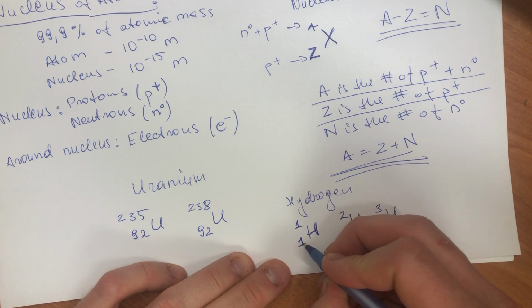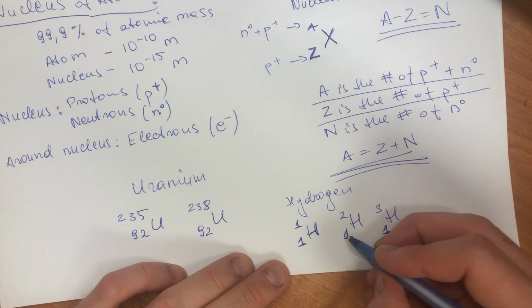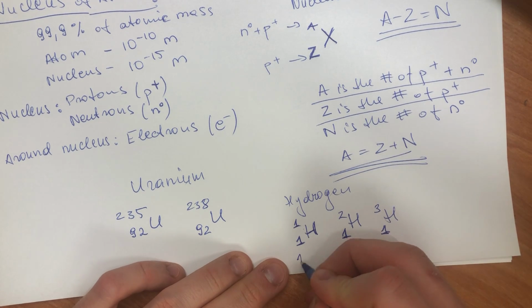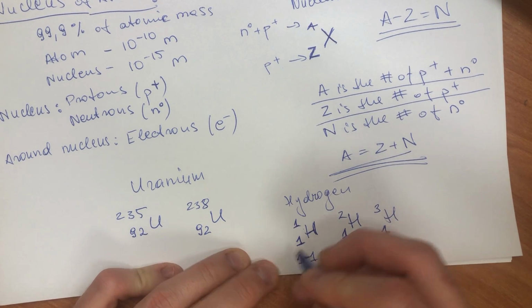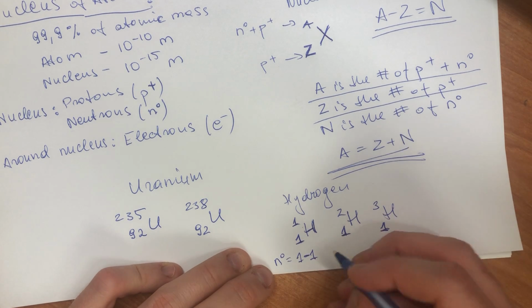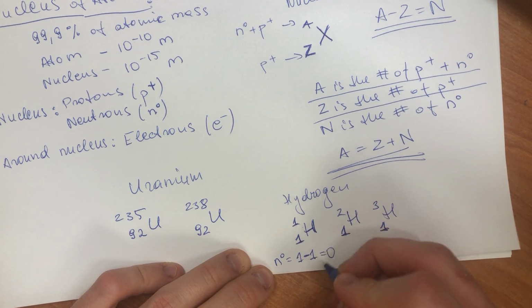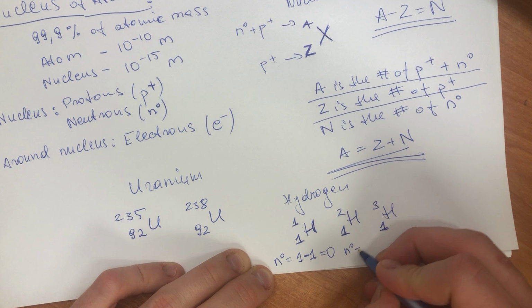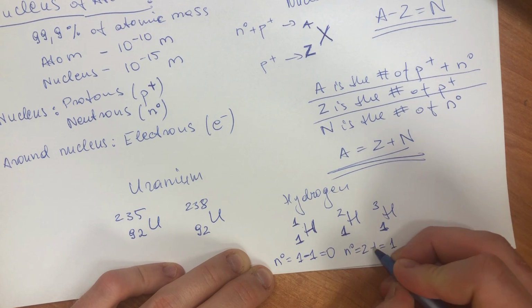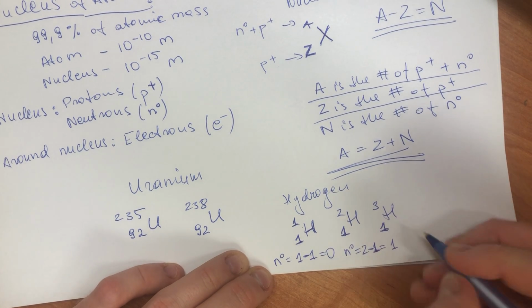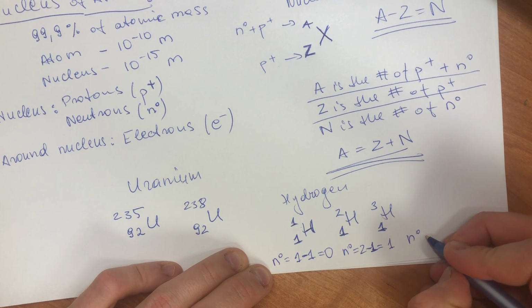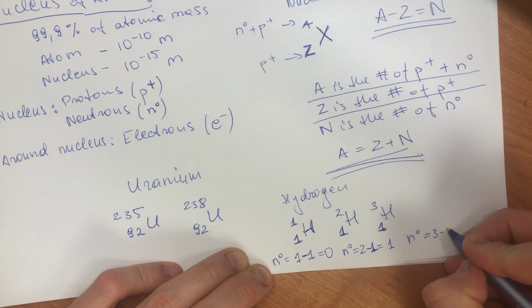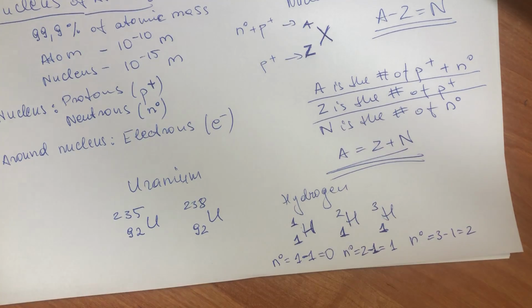If there's one proton here, it stands for the proton. This has 1 minus 1, which is 0 neutrons. Here the neutrons would be 2 minus 1, which is 1. Here 3 minus 1 would be 2 neutrons.